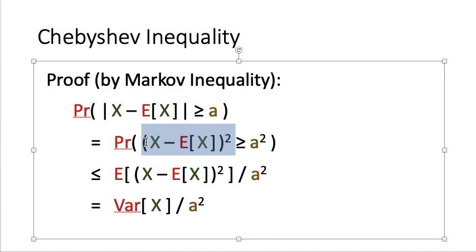By Markov inequality, this probability is bounded by the expected value of this random variable, X minus E[X] whole square, divided by a squared. But the expected value of X minus E[X] whole square is exactly the definition of the variance of X. So now we get Chebyshev's inequality shown.